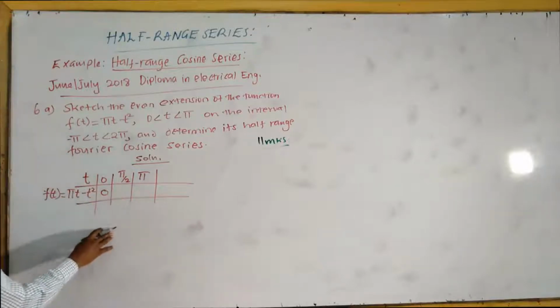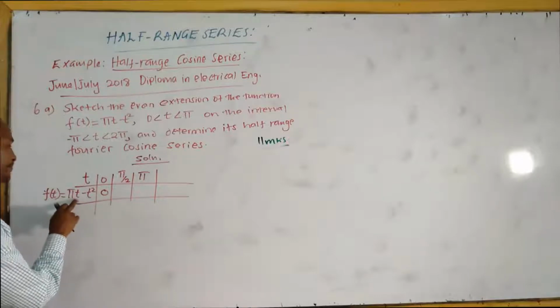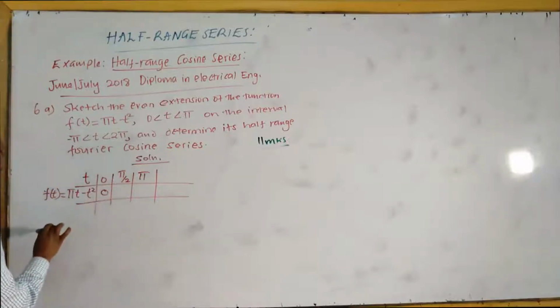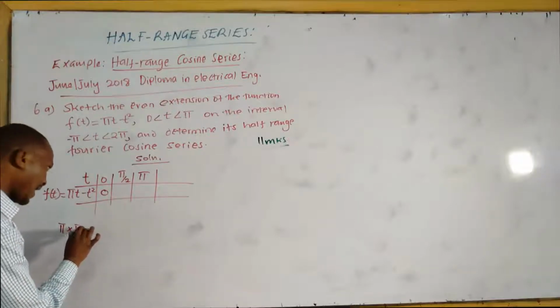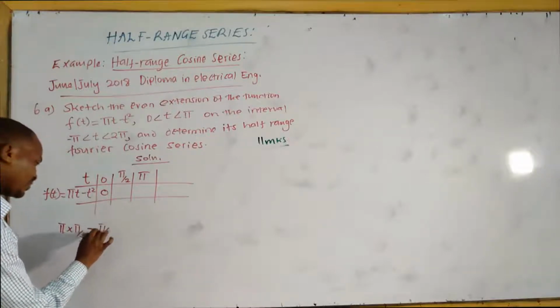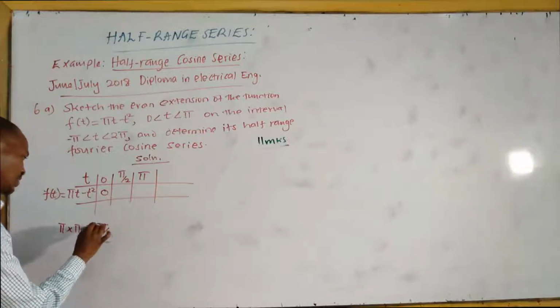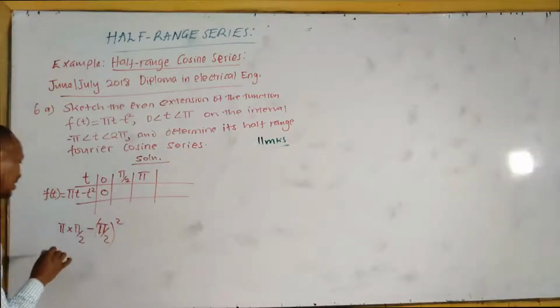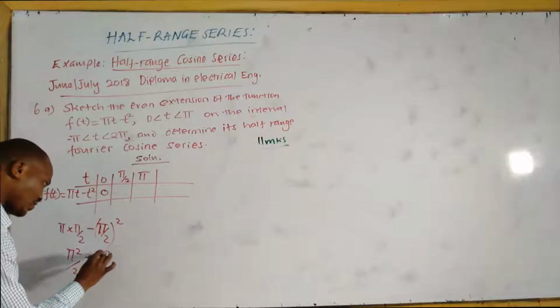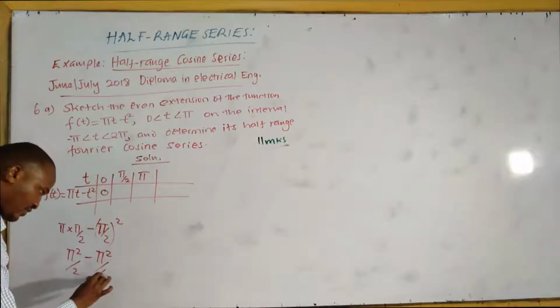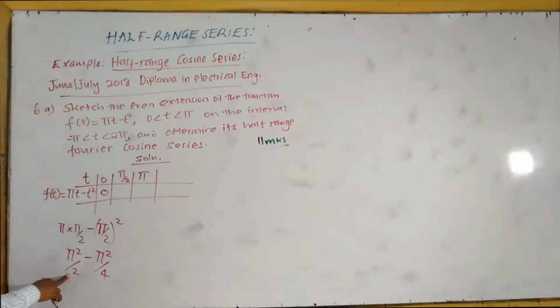Everything will be 0. When t is pi over 2, it is pi times pi over 2 minus pi over 2 squared. This is pi squared over 2 minus pi squared over 4. I want the denominator to be equal, so I multiply this by 2, I multiply this by 2.